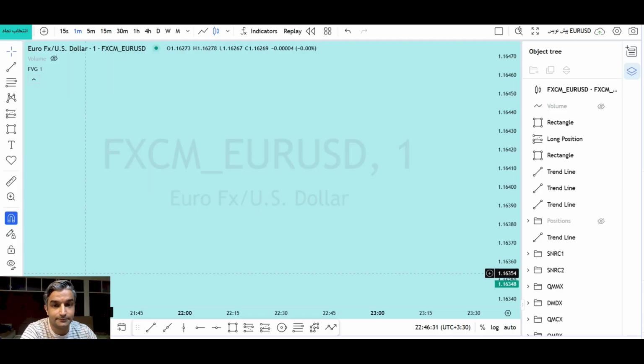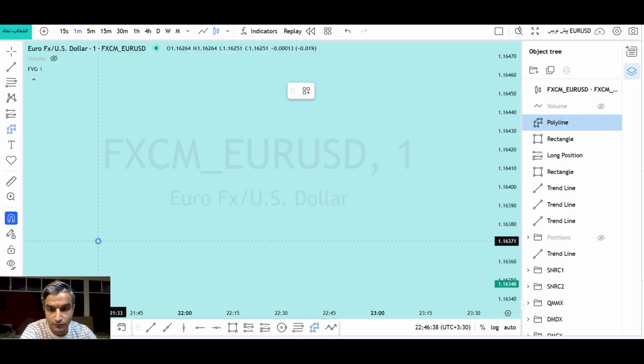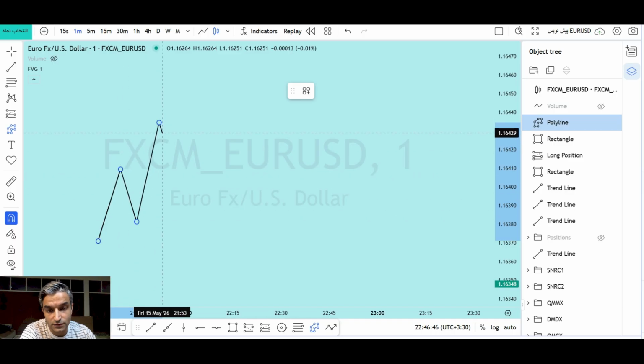Okay, let me explain a little about the SNR. We have a strong resistance here. Price comes back, breaks it, again comes to this area and goes up.